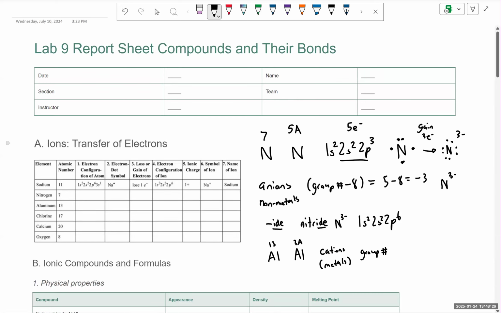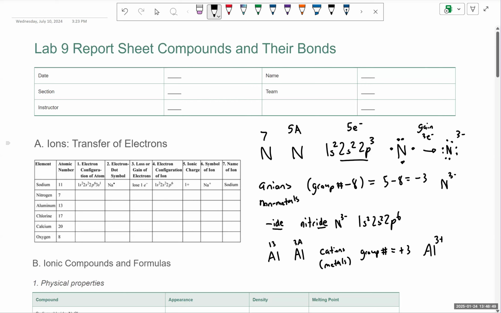In this case, that would be +3. And generally, metals prefer to lose electrons equal to their group number. So aluminum would lose 3 electrons and generate aluminum 3+.